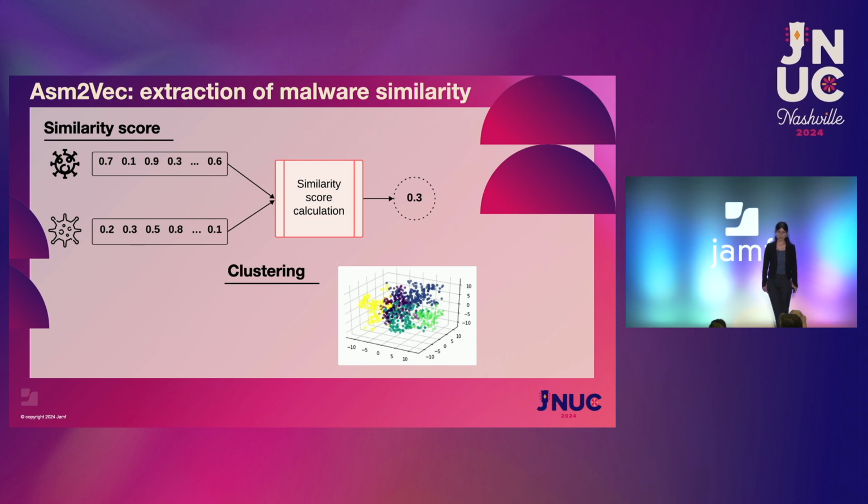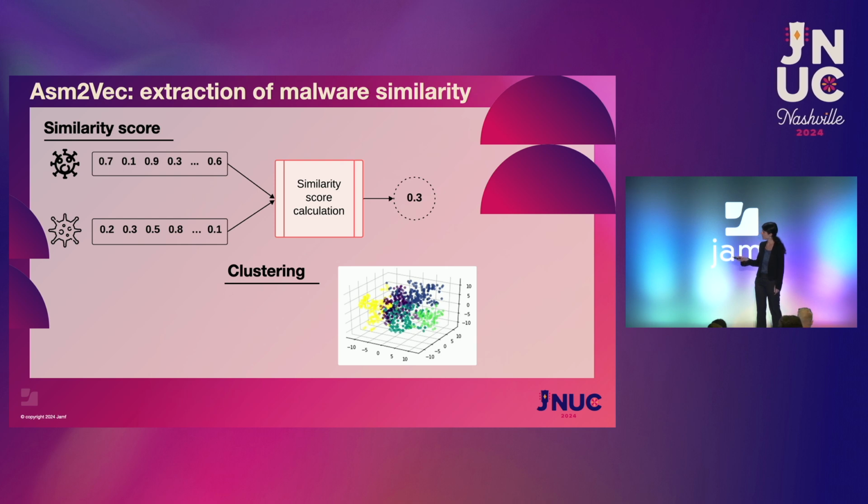So we can extract information on similarity between malware in 2 ways. We can calculate it mathematically, or we can extract it from 3D visualizations. The mathematical calculation of similarity between a pair of malware tensors yields a single number.